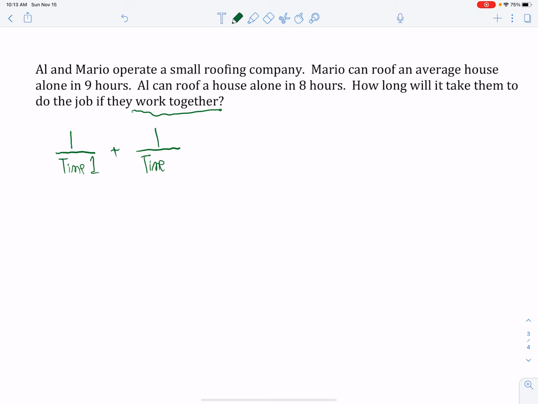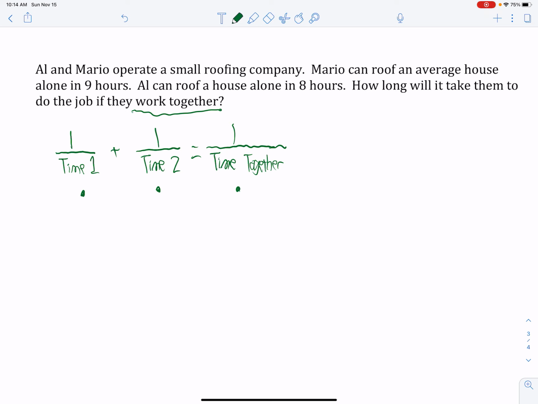So that's 1 divided by the time for person number 2. And that's going to be equal to 1 divided by the time it would take if they're working together. Basically, what this equation represents is the part of the job the first person could do by themselves plus the part of the job the second person could do by themselves is equal to the part of the job they could complete together.